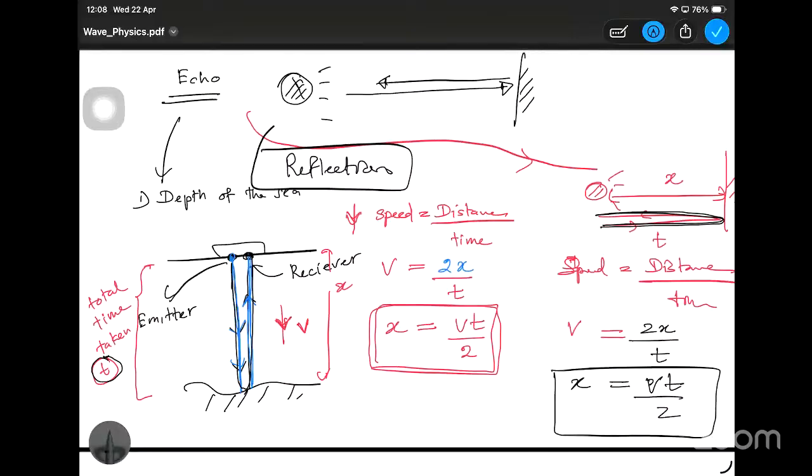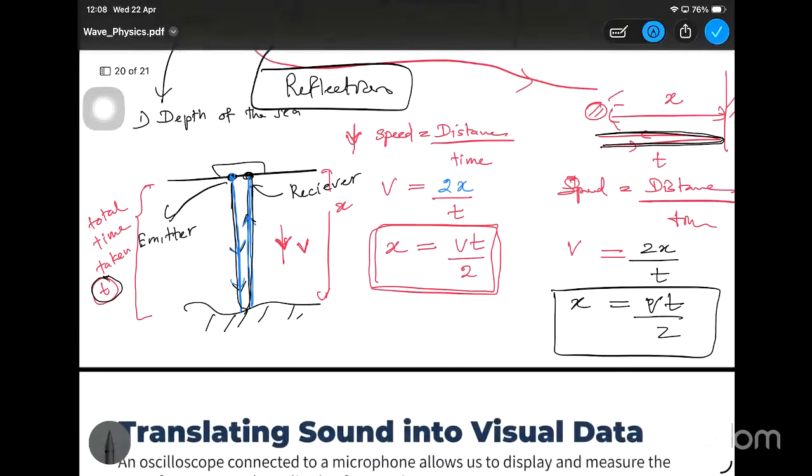We are measuring the total motion, which means the time taken to emit and the time taken to receive. So that is the total time.